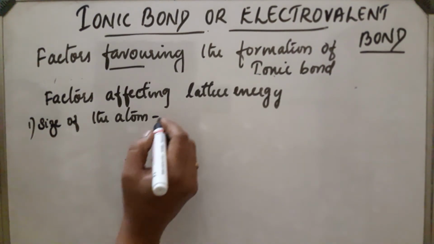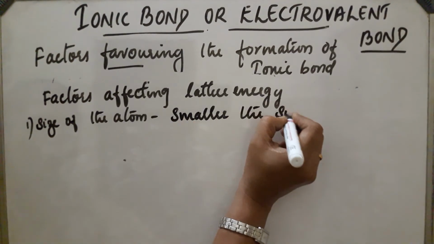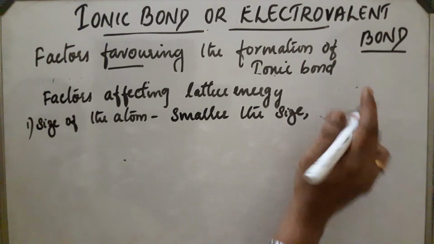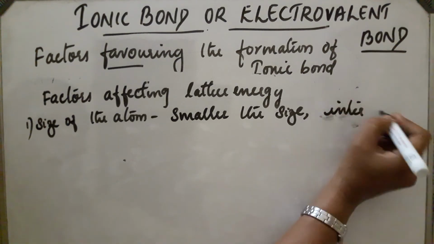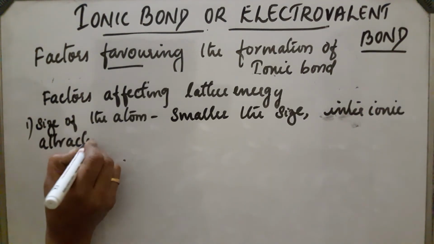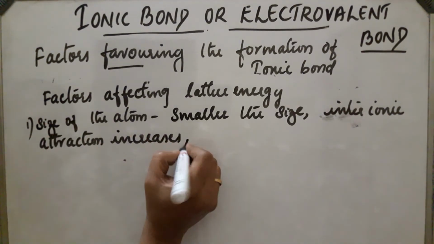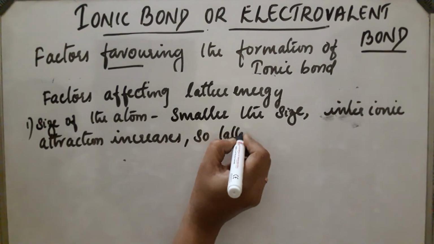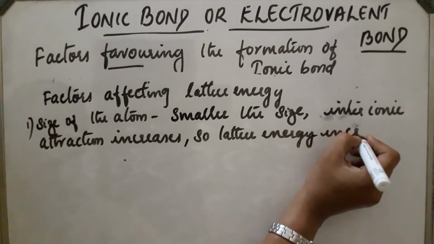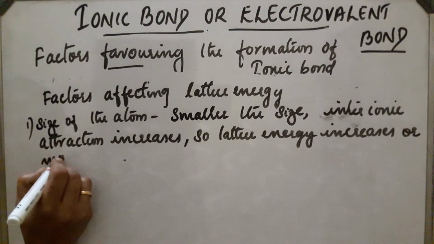So size of the atom, smaller the size, inter-ionic force of attraction increases. So lattice energy also increases. That means the compound is obtained more easily, or is more stable.